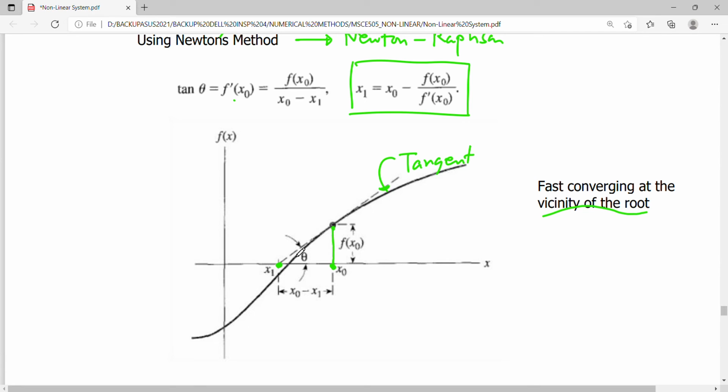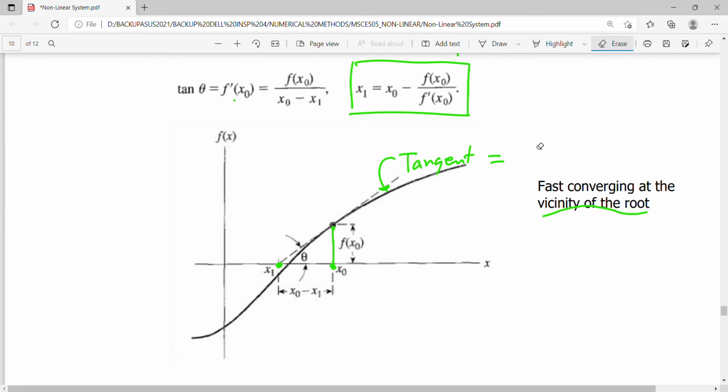So we don't need another point just to define the slope, but rather just equate it to the derivative of the function itself. Okay, so this is simply f prime of x.